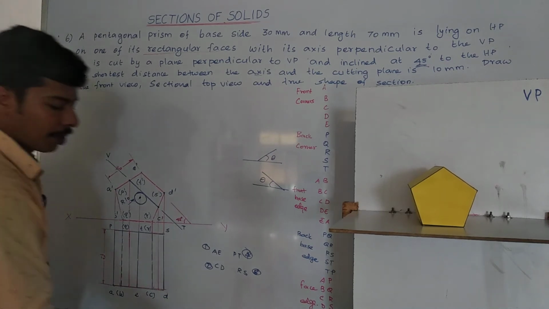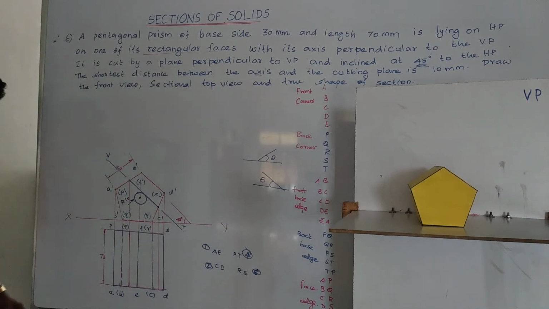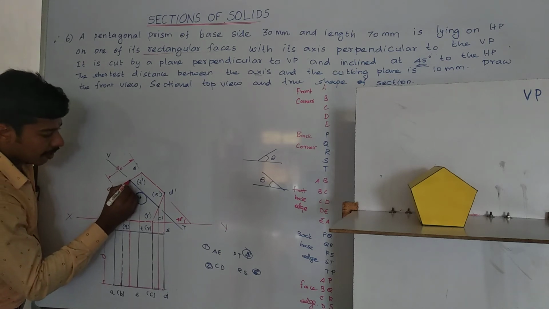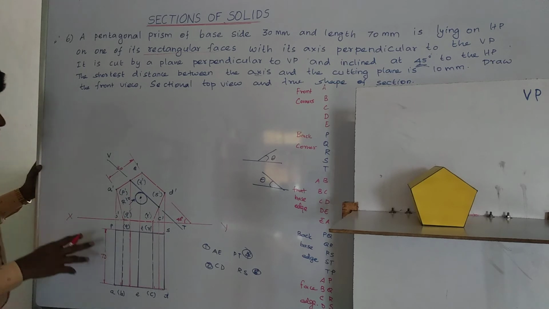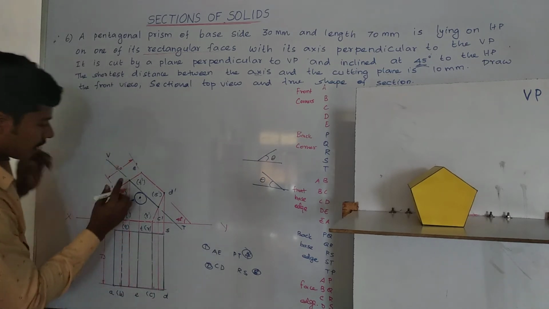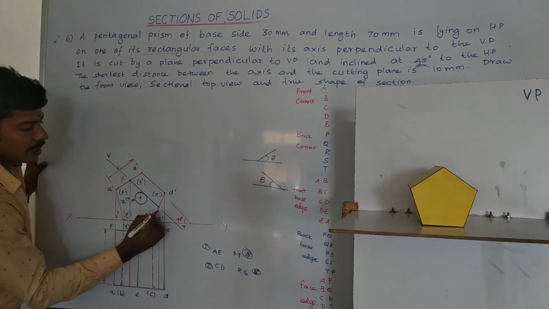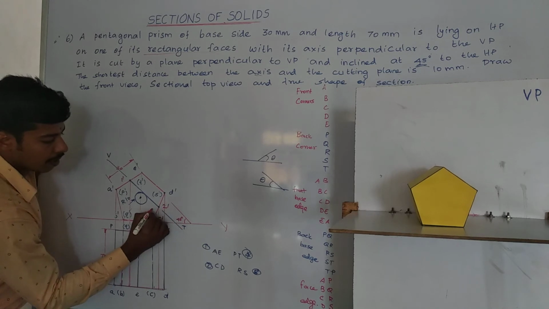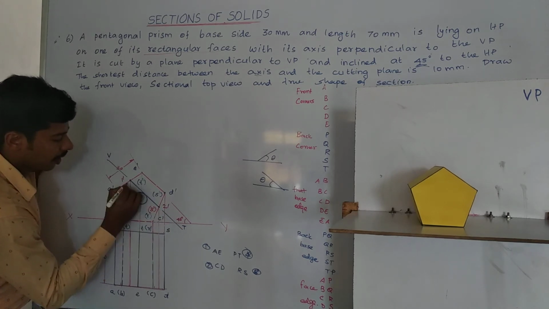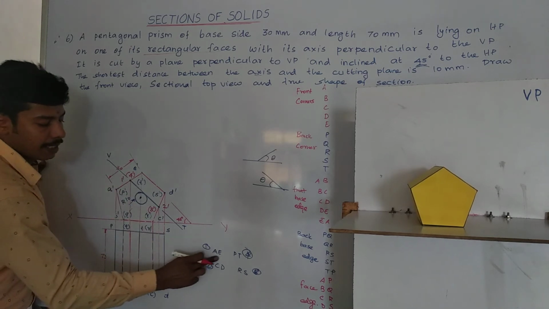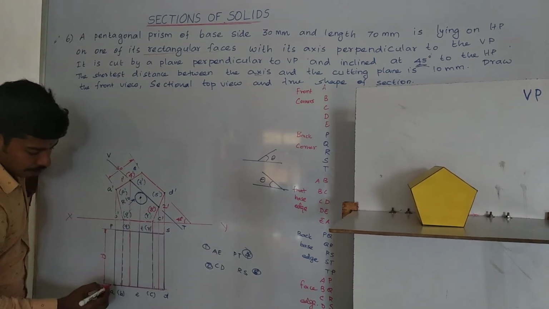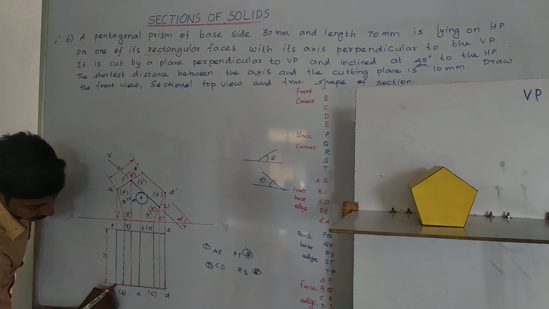To the top. So here in the top view, this point is 1. So here it is 1 dash, here it is 2 dash, 3 dash is hidden, 4 dash is hidden. 1 is on AE, right?